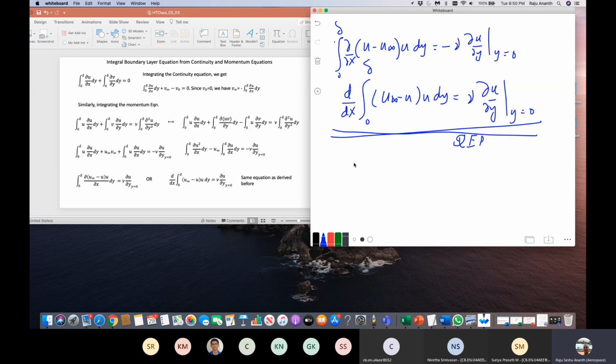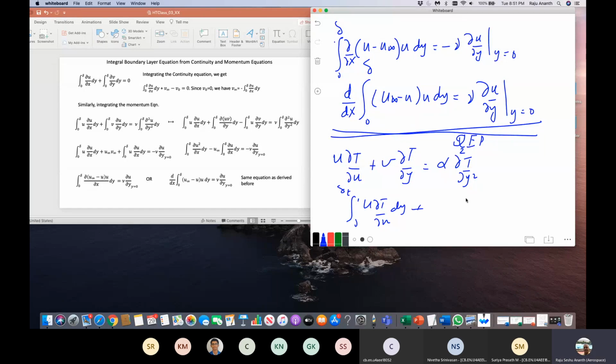Similarly, remember the energy equation is what? u dT/dx plus v dT/dy is alpha d squared T/dy squared. And I can integrate this again. So what you get: integrate from 0 to delta T of u dT/dx dy.